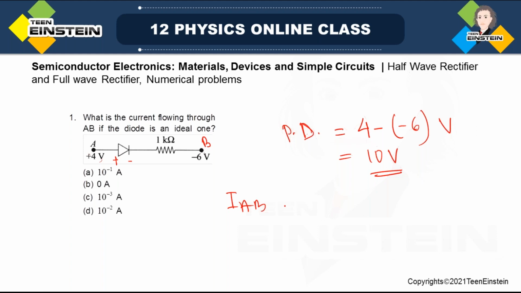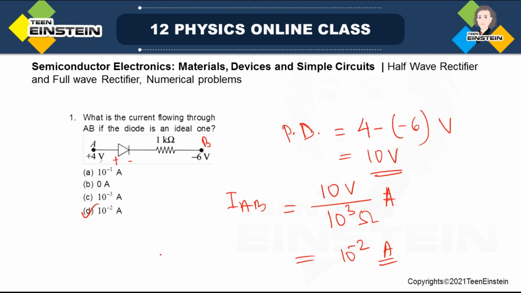Current through AB will be V by R, where V is the potential difference across A and B. That is 10 volt divided by 1 kilo ohm, that means 10 to the power 3 ohm. So it will be 10 to the power minus 2 ampere. Okay, so this is the current.